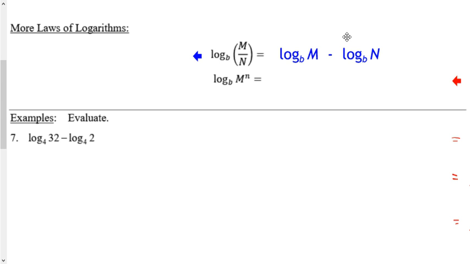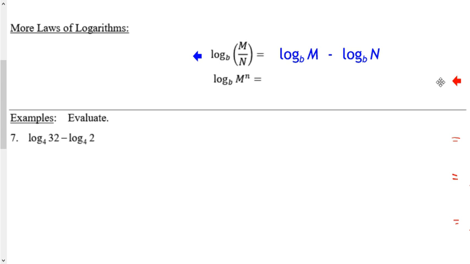We can't say that dividing is the same as subtracting because it's not. They're different operations. But here I'm dividing powers inside my logarithm. What do I do if I'm dividing powers, base b? That means I subtract the exponents, and each logarithm is an exponent.